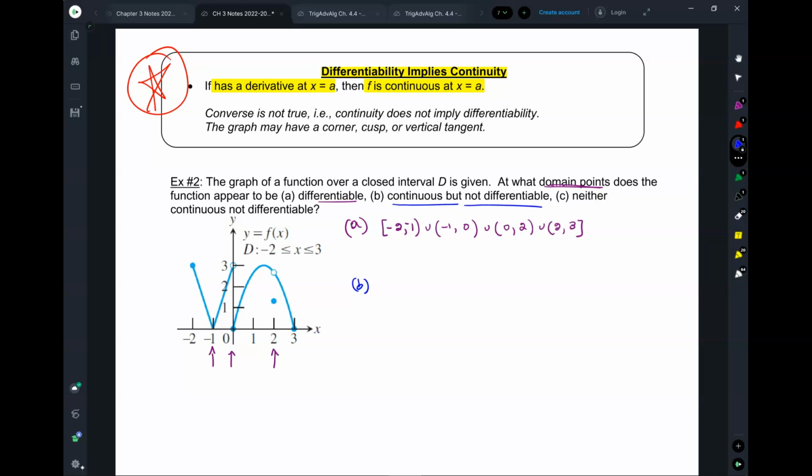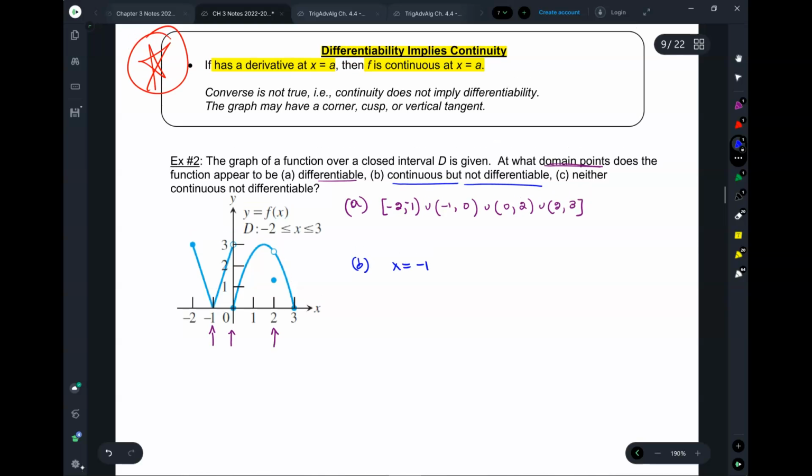So at x equals -1, it's continuous, but not differentiable. And then, where is it neither continuous nor differentiable? That's at x equals 0 and x equals 2.